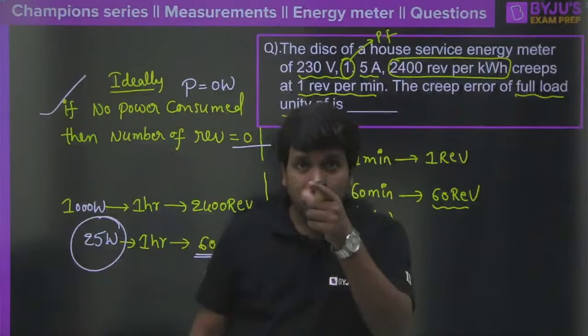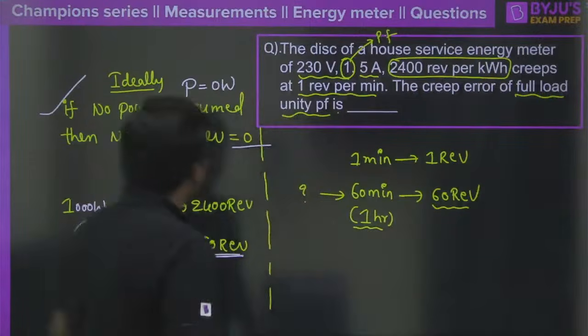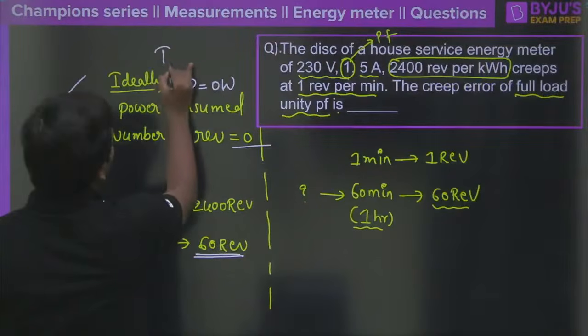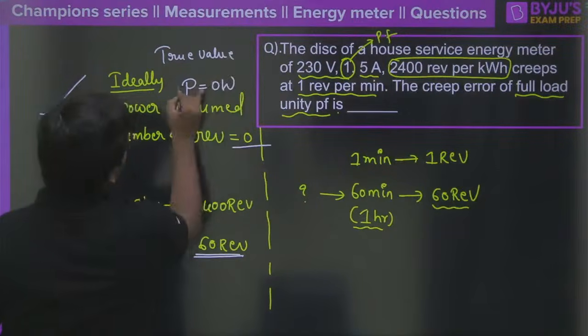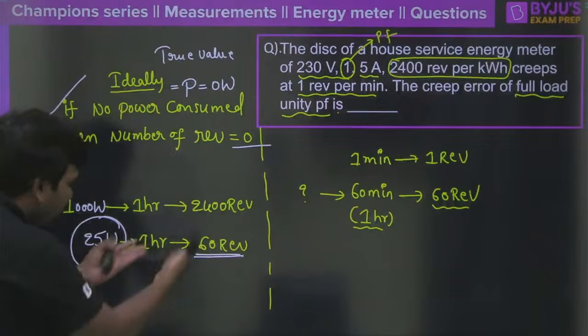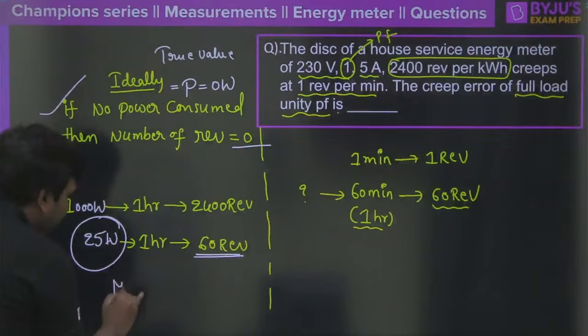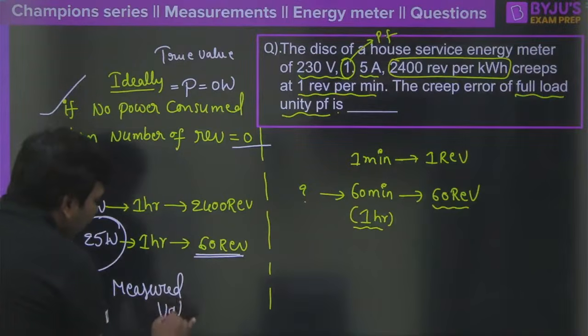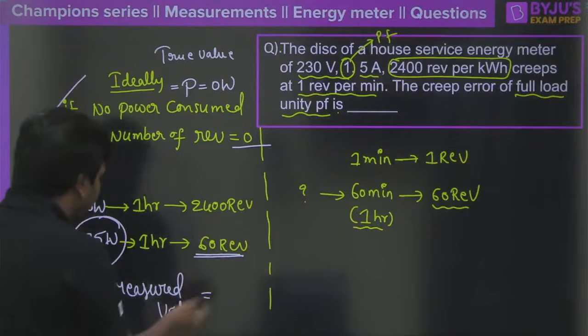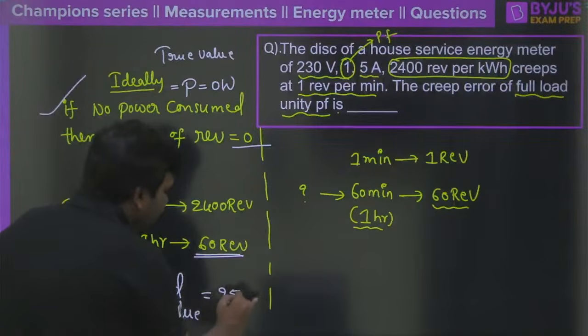That means the true value of power here is 0 watt, but the reading from the disk will indicate the measured value. Let me write down: the measured value of the power, because of this small creeping of the disk, is going to be equal to 25 watt.